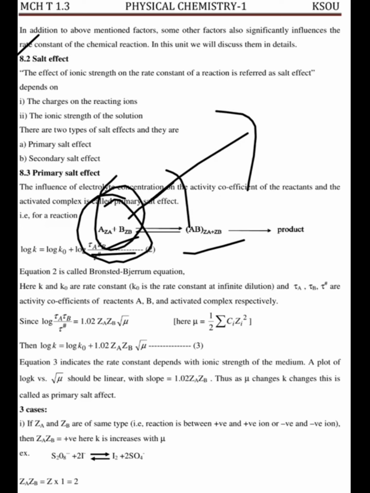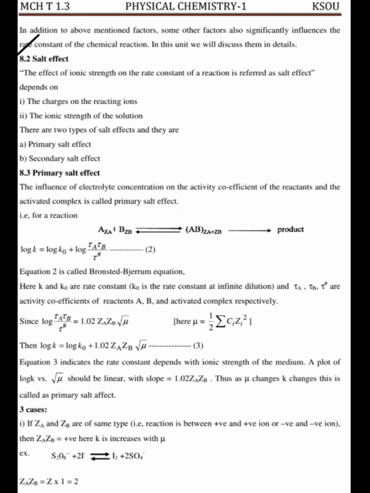Log of k is equal to log of k naught plus log of gamma A gamma B by gamma ash. Gamma ash is nothing but the intermediate formed.